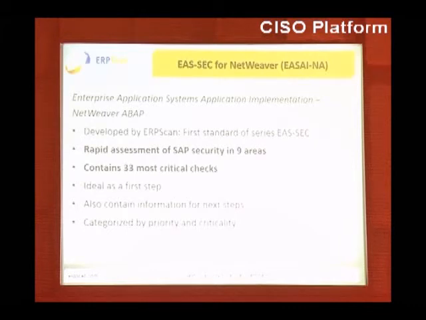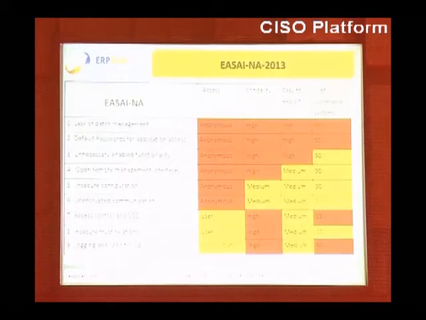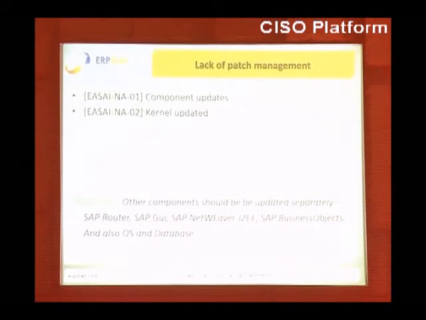If they're small, you think that they are full, but they're not full. So our goal was to create a framework which addresses all problems, but at the beginning it focused only on specific problems. It has 9 areas and 33 most critical checks, and for every area you have a list of the most critical issues and a list of what's next, so what to do next.